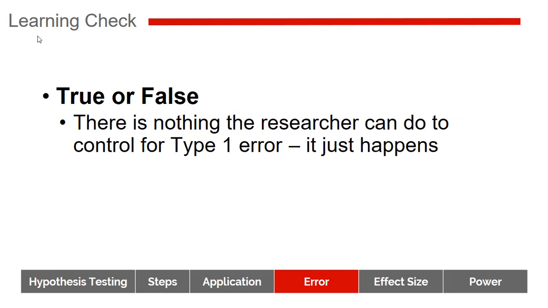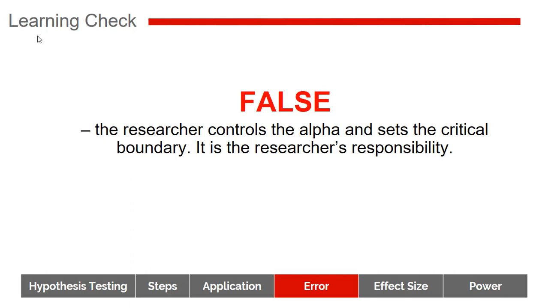True or false, there is nothing the researcher can do to control for type 1 error. It just happens. Well, that's actually false because I set the alpha level. I'm setting the critical boundary as the researcher. I do this ahead of time. It's my responsibility to make my critical boundary, my alpha, small enough to avoid making a type 1 error.